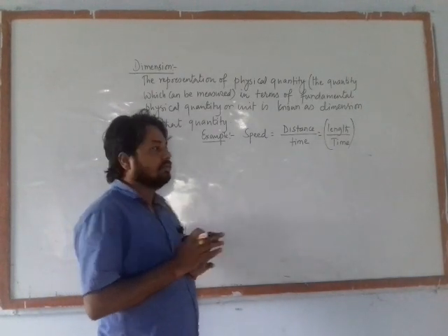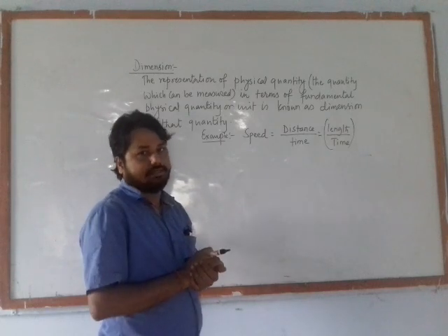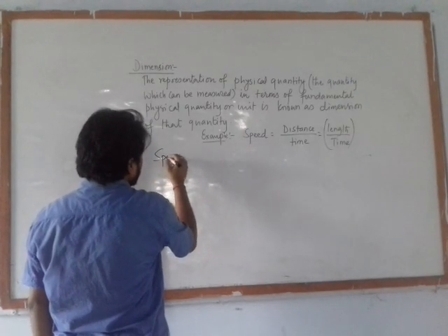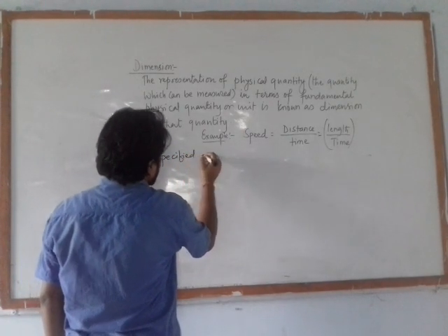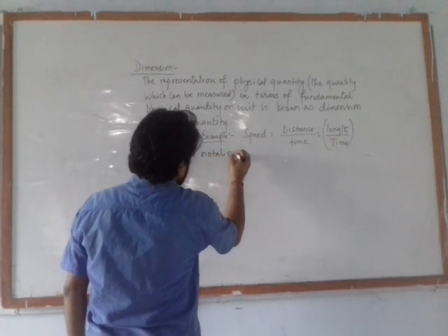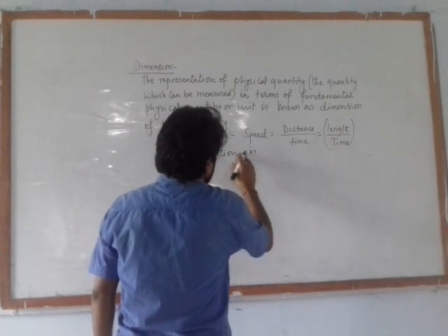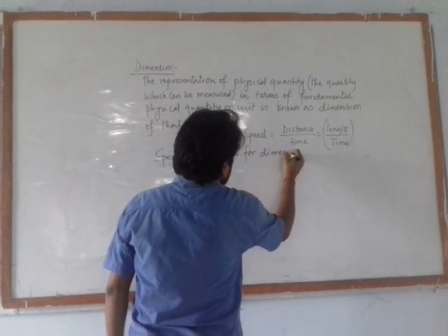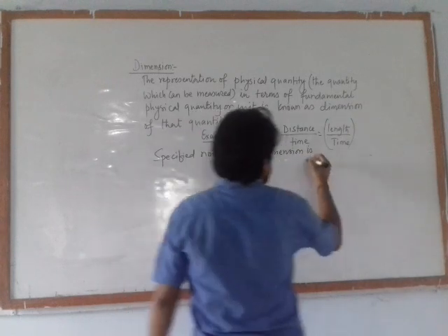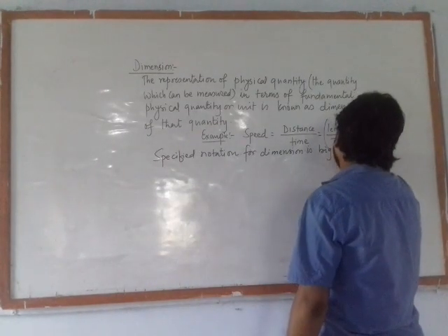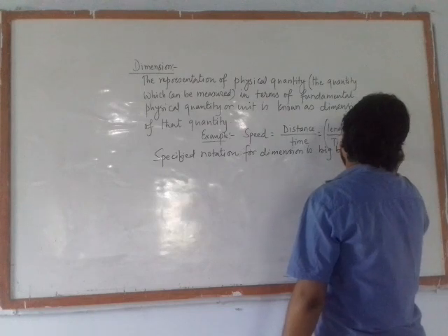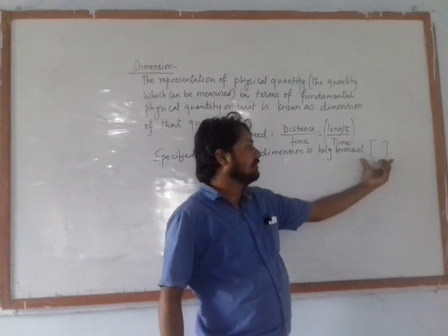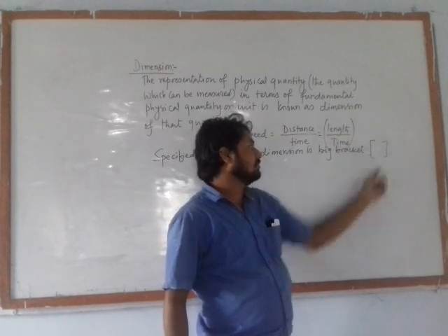The specific notation for dimension is a big bracket. If you see many books, you can find the dimension of any particular quantity is written in terms of this bracket.